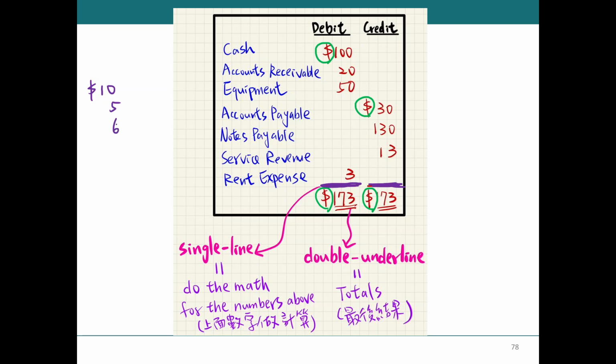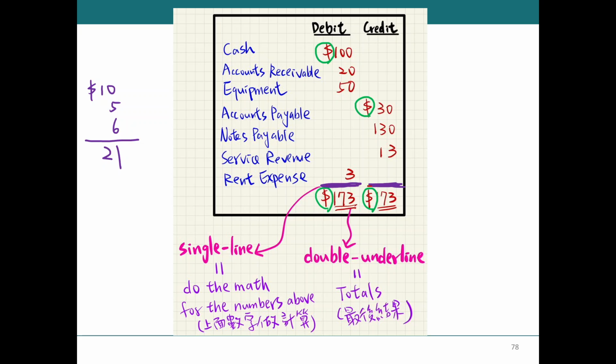I only put the dollar sign for the first item. For the others, I don't want to put the dollar sign because it would make the format too complicated. So for 3 numbers, I draw a single line. It means I will add up all the numbers above the single line. So here, the total, 10 plus 5 plus 6, is 21. Okay? 21.